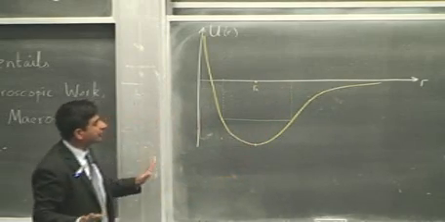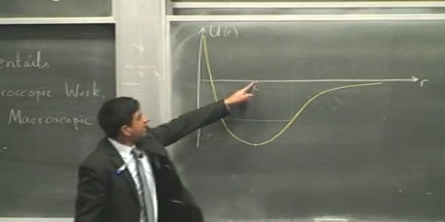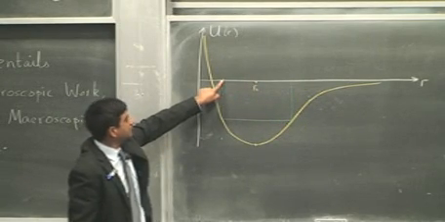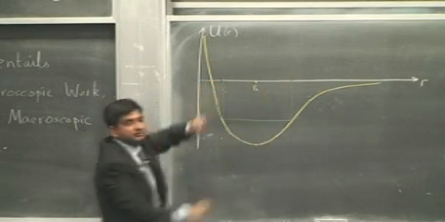Since everything is at equilibrium, this R naught must be at the center of these points.